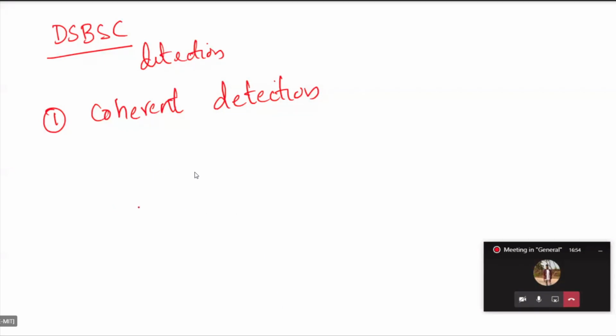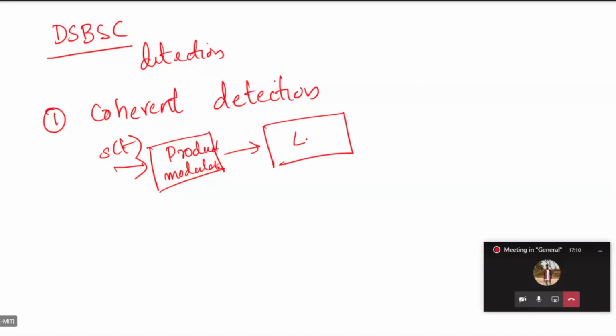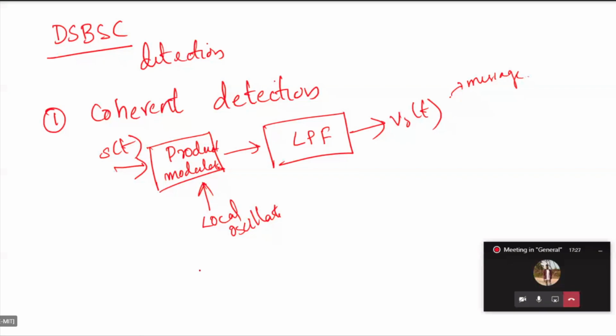In coherent detection, we have the signal S of t, a product modulator, a low pass filter, and a local oscillator, and the output will be the message signal. After the product modulator and the low pass filter, the signal will be half Ac m of t into cos phi.